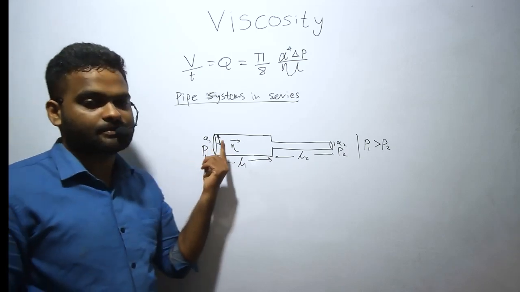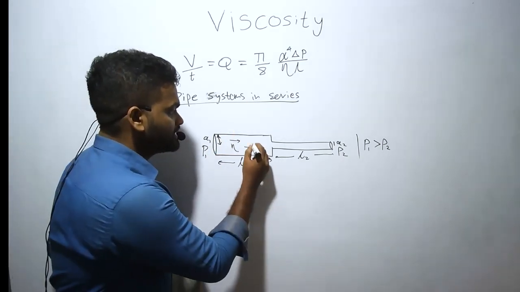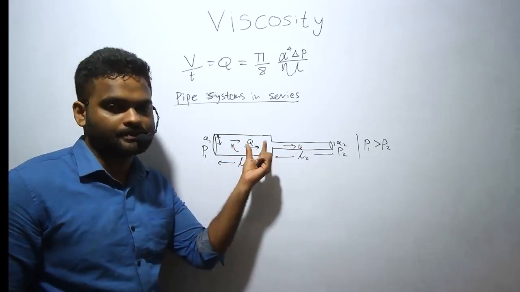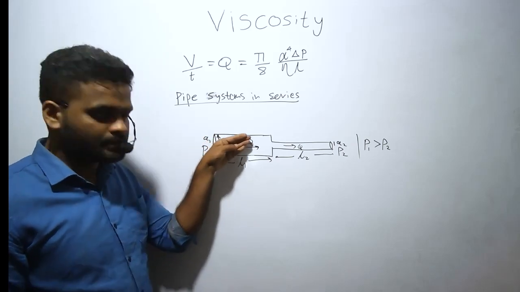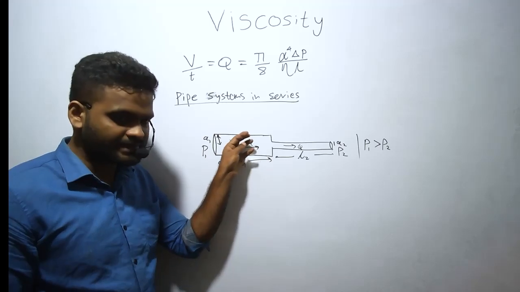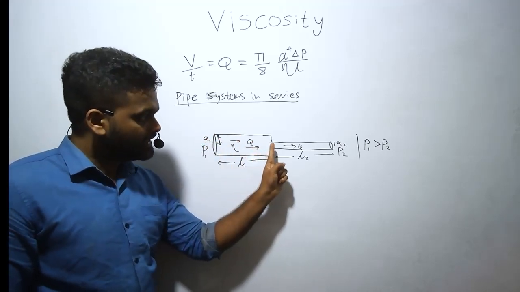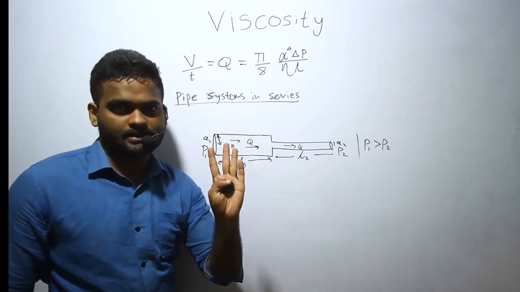So what did I say in the first sentence? If you consider the flow rate, let's say 5 cubic meters per second of water flows through this pipe. Through this pipe also it is 5 cubic meters per second, right?